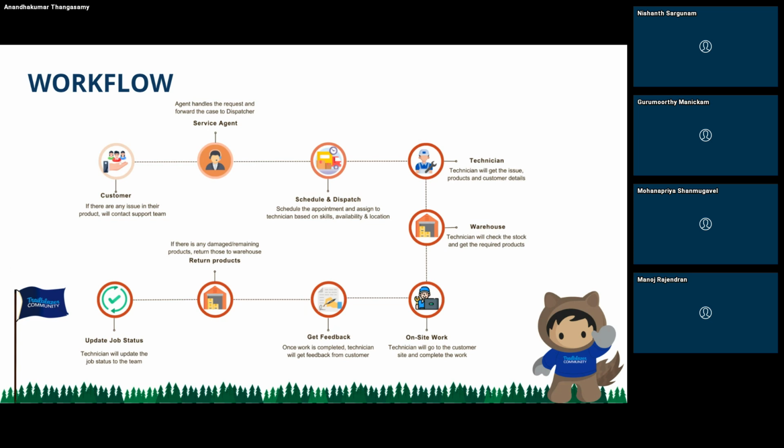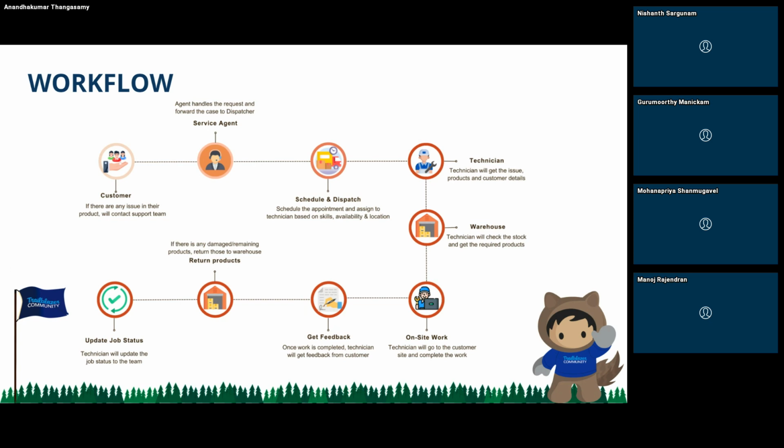Once this service appointment is created, it should be scheduled to a service resource, right? So there comes the schedule and dispatch, the third stage. Here the dispatcher will do this work. Once the appointment is created, according to the appointment details, we cannot just assign any available resource to a service appointment, right?